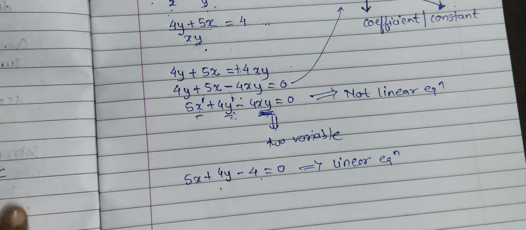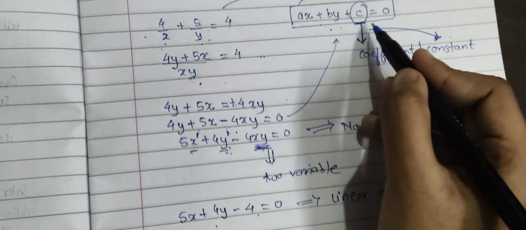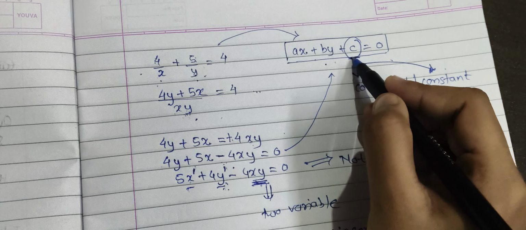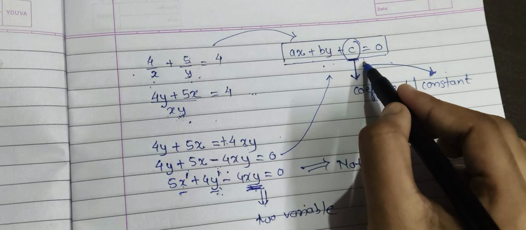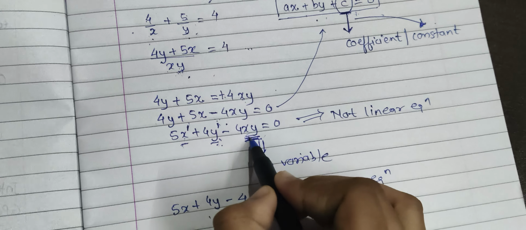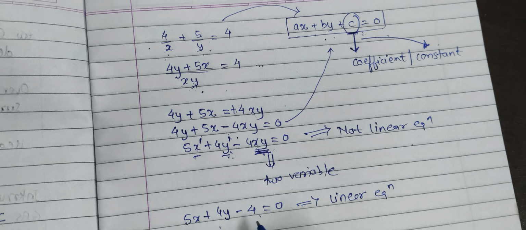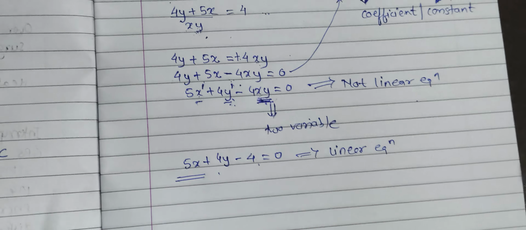We have to check whether it has two variables, and also compare it with the general form of the linear equation, because in general form the c term is a constant. It should not have any variables. So over here it was having variables, therefore it is not a linear equation. But what if the same equation was like this? Then it was the linear equation.